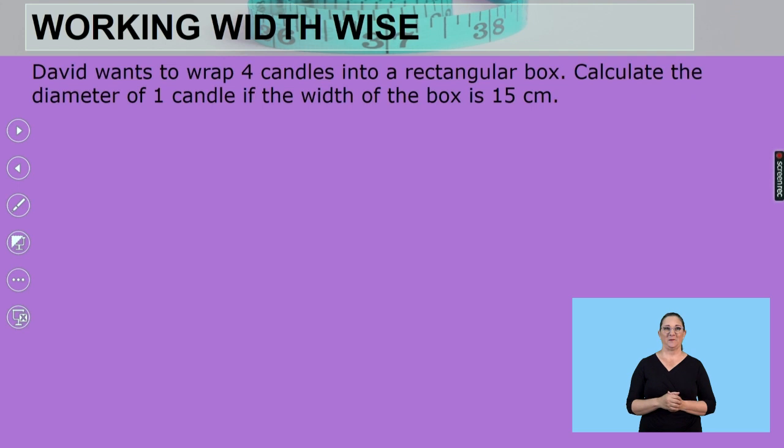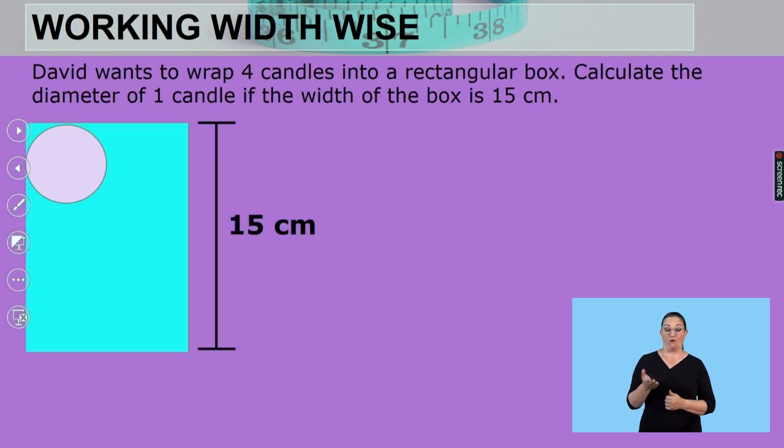So, David wants to wrap, let's get the diagram out. David wants to wrap 4 candles into a rectangular box. Calculate the diameter of 1 candle if the width of the box is 15 centimeters. Okay, so David wants to wrap 4 candles.